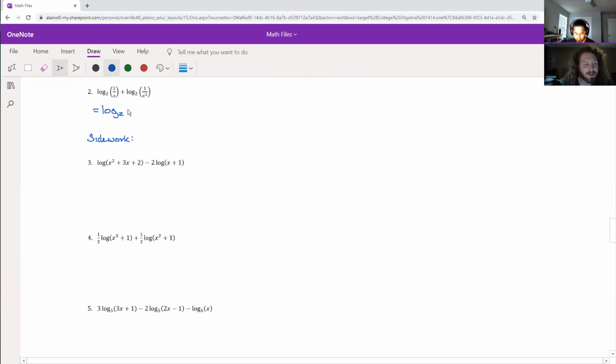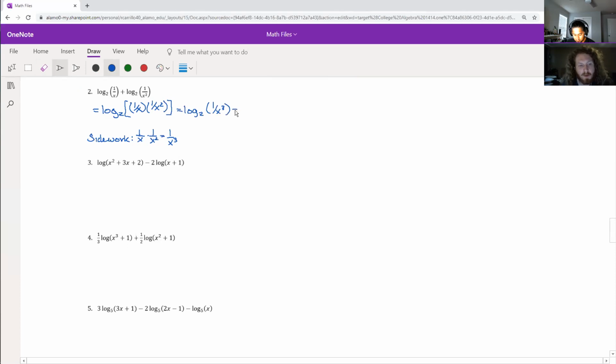All right, so then this is 1 over x times 1 over x squared. And we can do the side work for this too. This is 1 over x cubed, right? So this is going to be log base 2 of 1 divided by x cubed.